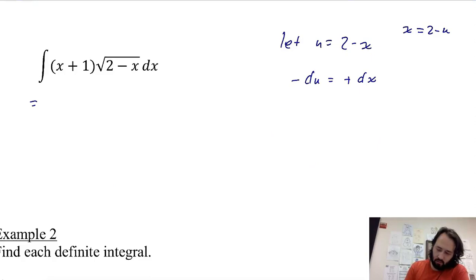So this would be the integral. I'm going to pull out that negative, and x plus 1 would really be 2 minus u plus 1, and then u to the 1/2 du. So just take your time in the substitutions too.